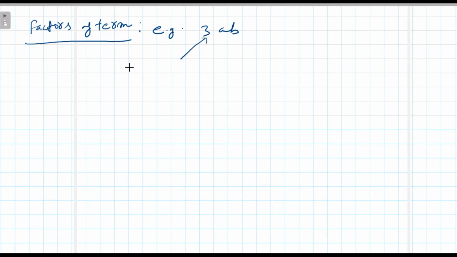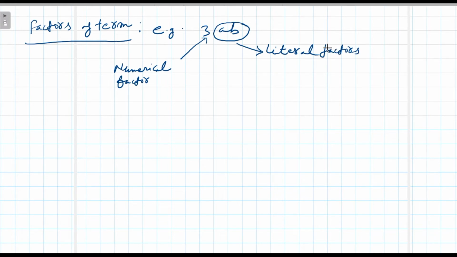This 3 we will call the numerical factor. Another is literal factors. These a and b are called literal factors, right students? The numerical factor is only 3. It has 3 literal factors, a, b and ab, right? So these are its literal factors.